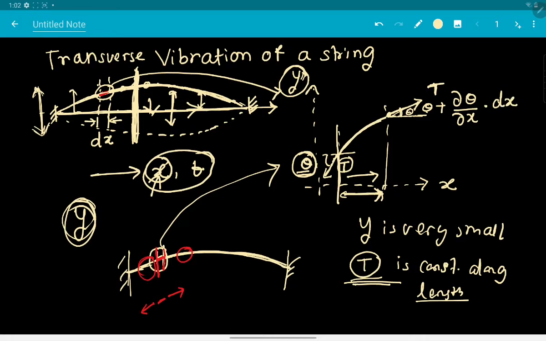Because you have marched dx units along the x direction, you are going to see this much additional theta. So this is the variation of theta with respect to x times dx. That gives you how much additional theta gets added to the previous value, which was this theta. So this is the angle.